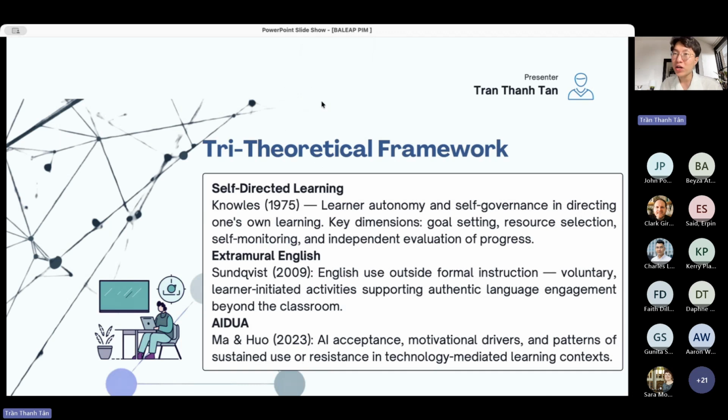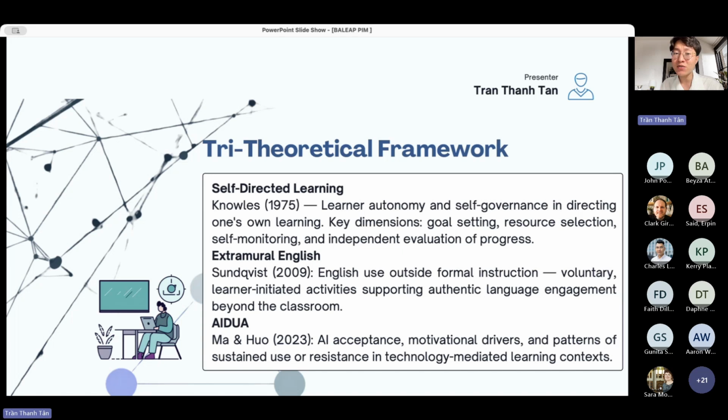As for self-directed learning, coined by Knowles in 1975, it is learner autonomy and self-governance in directing one's own learning, and the key dimensions include goal setting, resource selection, self-monitoring, and independent evaluation of progress.